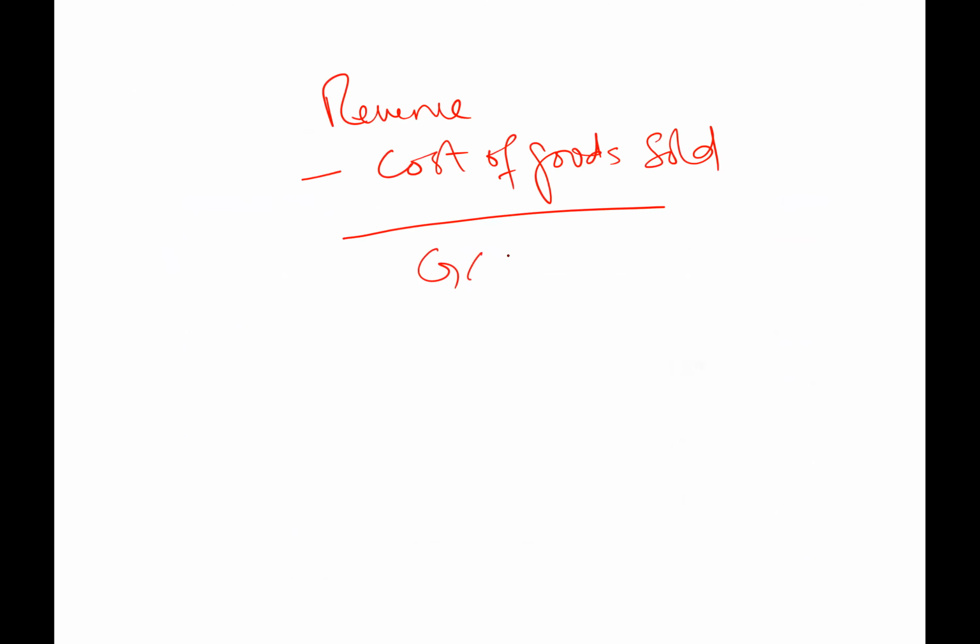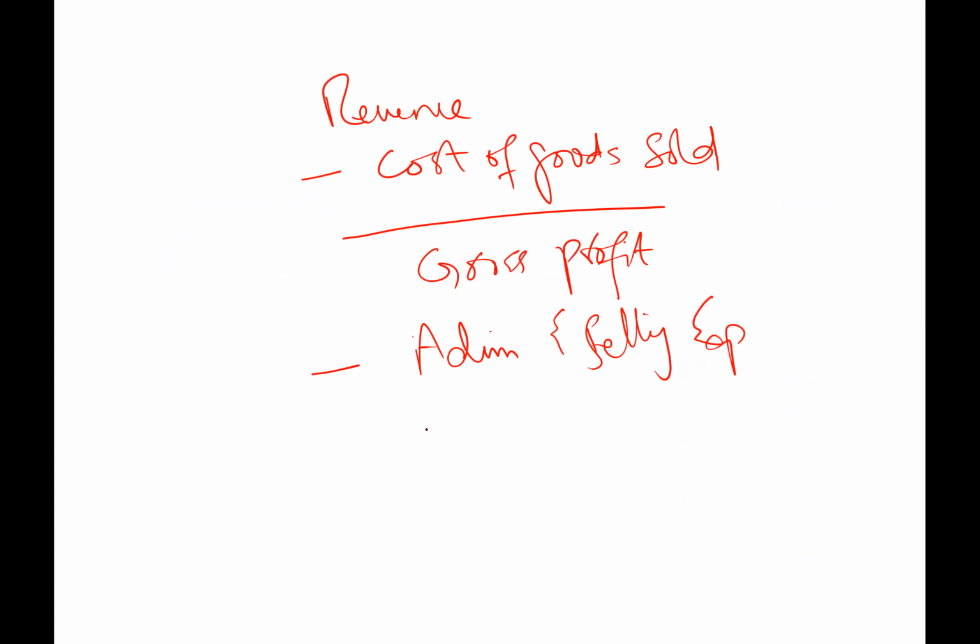A multi-step format is, we have revenue minus cost of goods sold, and that is called gross profit or gross margin, and then we subtract the admin and selling expense, and we get operating income.